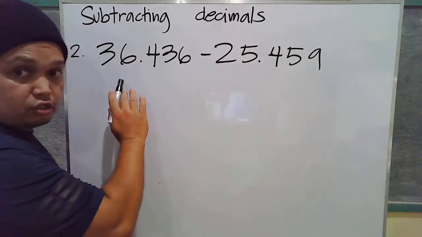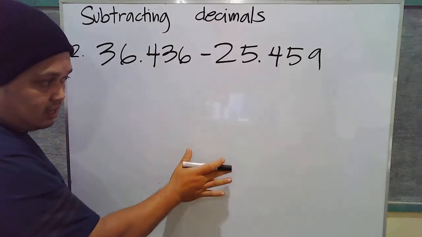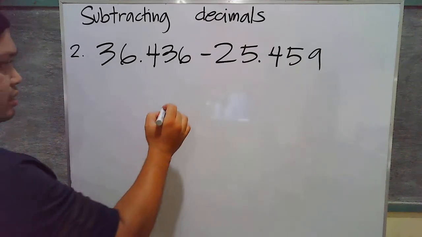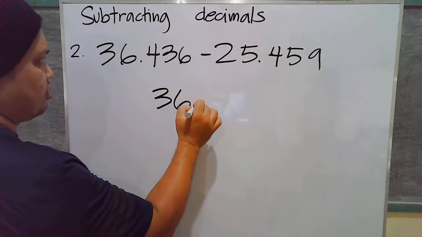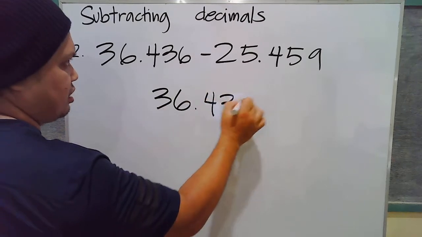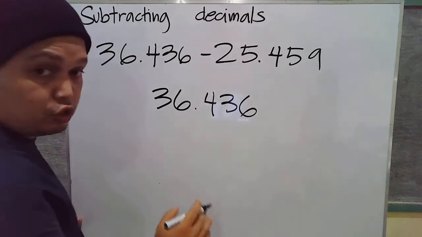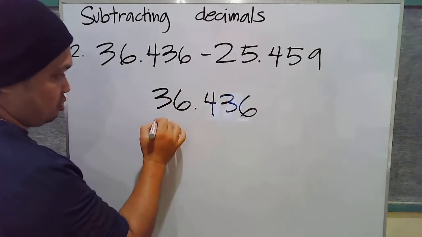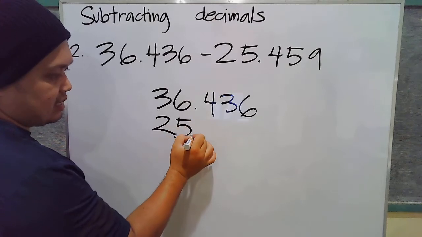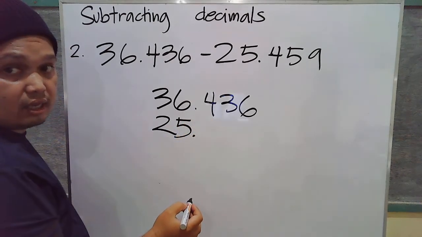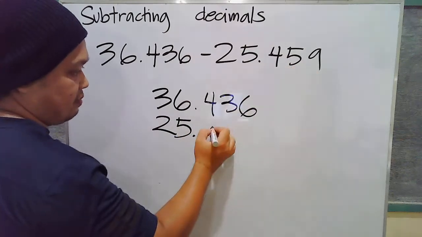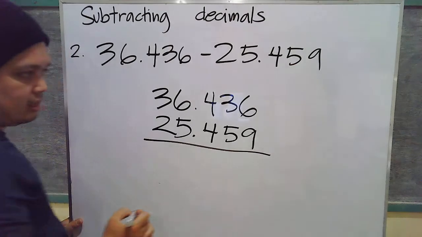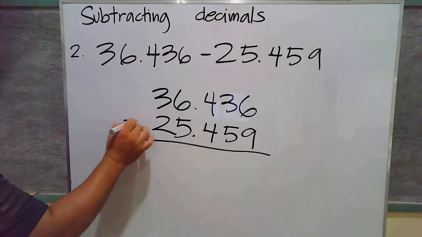I have arranged this horizontally so that we can arrange them in a column. So let's arrange them. 36.436. But you have to be sure that you align their decimal points. So 55, decimal point aligned to the other decimal point, and 459. And by that, we can subtract now.